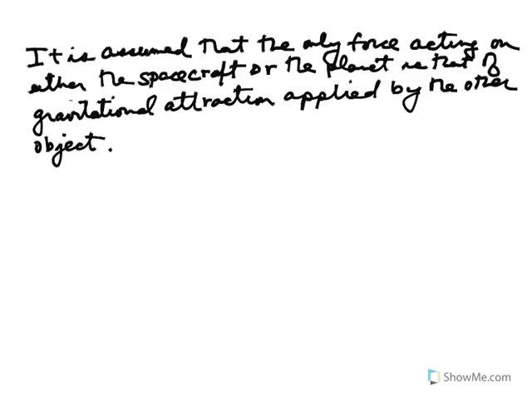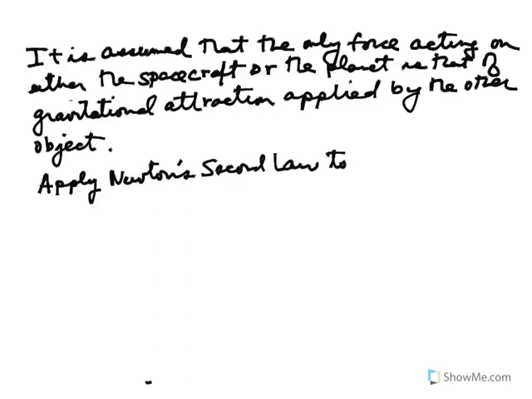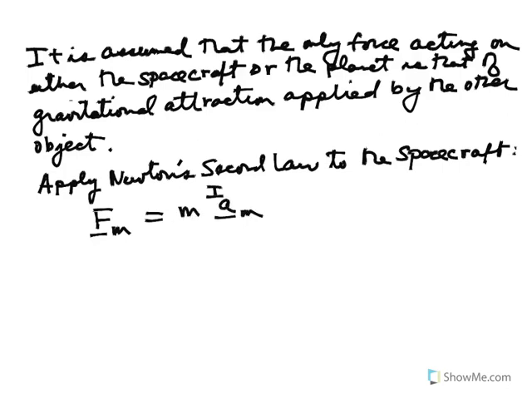So then, from that assumption, we can actually apply Newton's second law to both the spacecraft and the planet. So if we apply Newton's second law to the spacecraft, what we wind up with is that the force applied to the spacecraft is equal to the mass of the spacecraft times the inertial acceleration of the spacecraft.